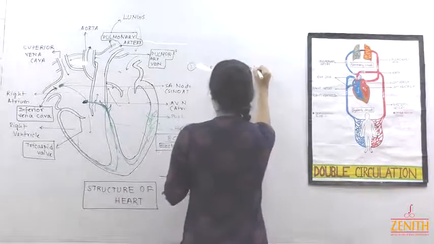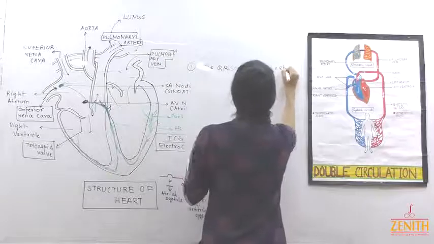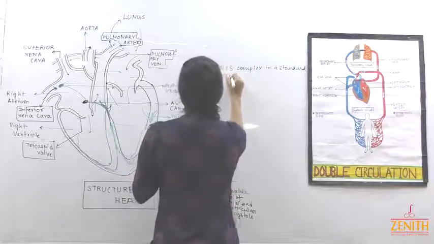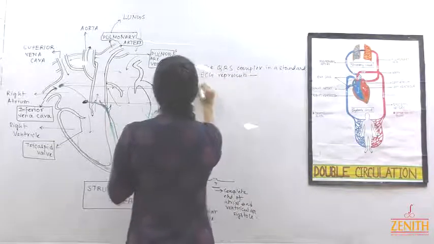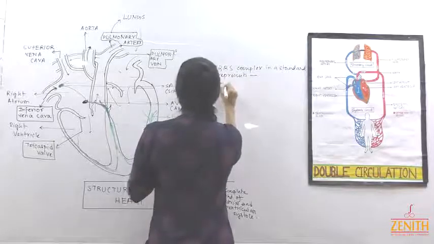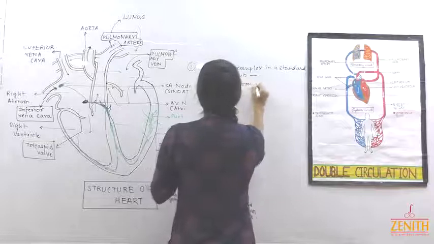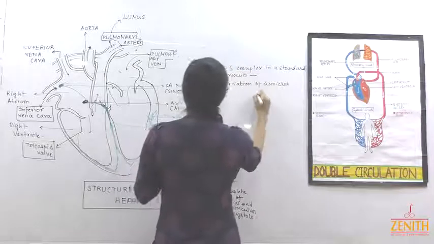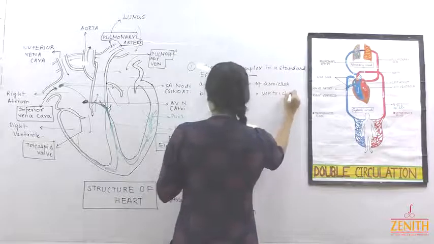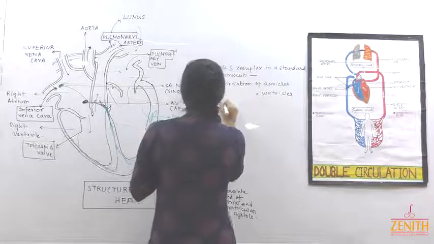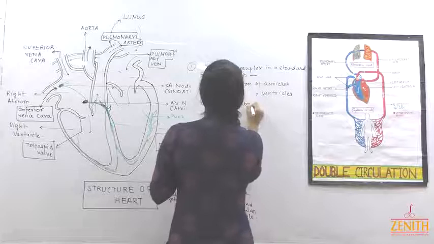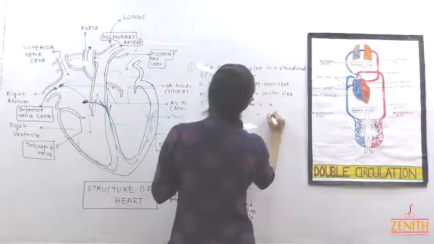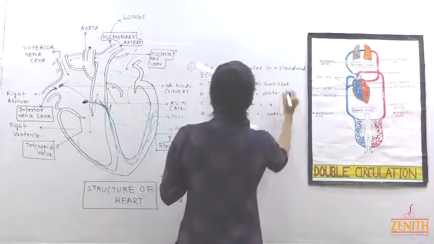QRS complex in a standard ECG represents: options A, depolarization of auricles, B, depolarization of ventricles, C, repolarization of ventricles, D, repolarization of auricles.